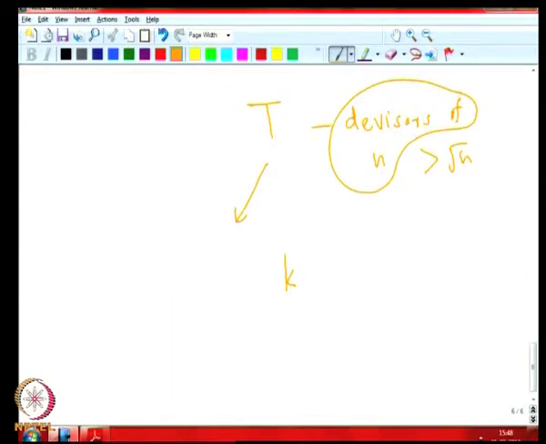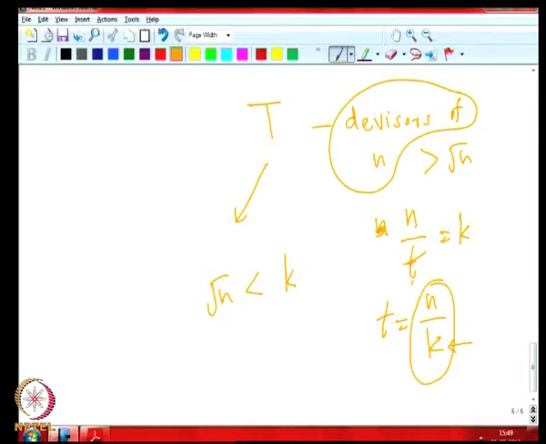Similarly, here if you take any k which is bigger than root n and a divisor of n, if you consider n by, so this is where it came from, right. So, this is from n by t for some t, so we want to find out which is the t. So, t is equal to definitely n by k. Same way, since k is greater than root n, n by k has to be less than root n, right. So, t will be a number which is less than root n, and definitely this t is a divisor of n, because if I divide n by t, then we will get indeed this k, an integer, right.